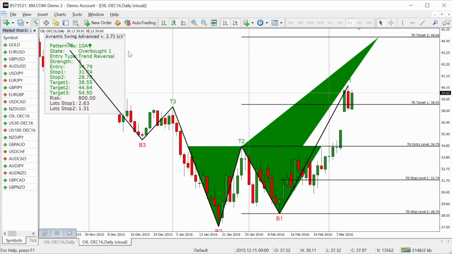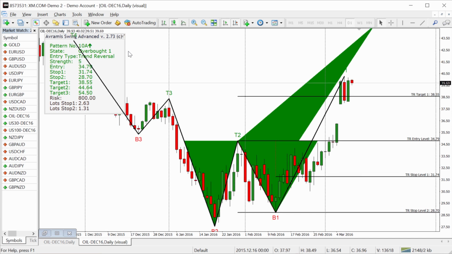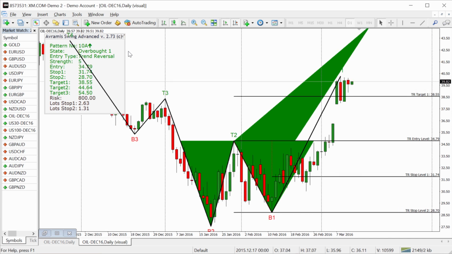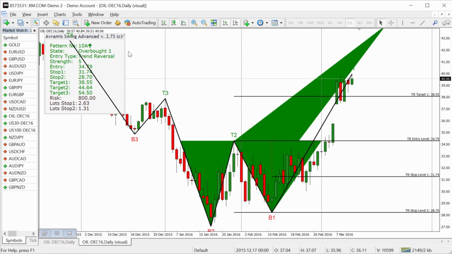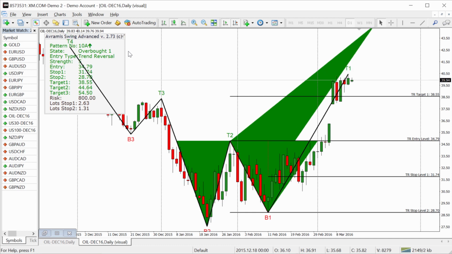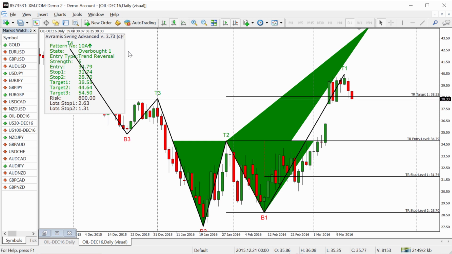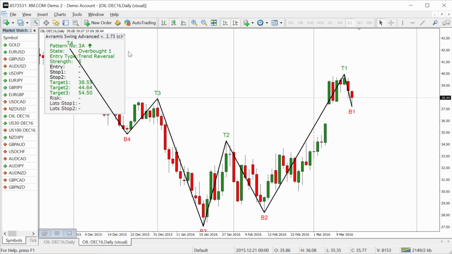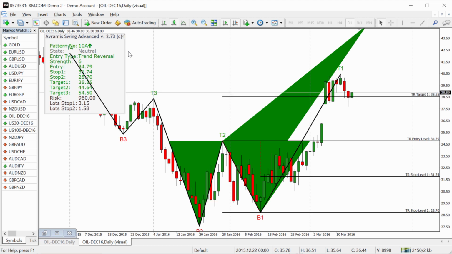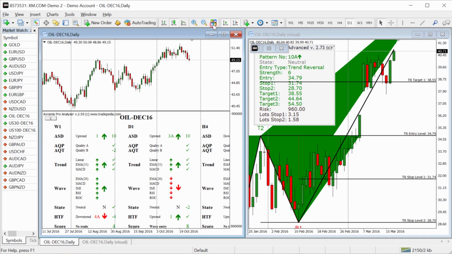Furthermore, once we have a possible trading scenario or an ongoing trading scenario, we can see the entry type, whether it is a trend reversal or a breakout. The next important thing of our monitor is the trade strength. Now this strength signal comes from another one of our indicators called the Avramis analyzer.